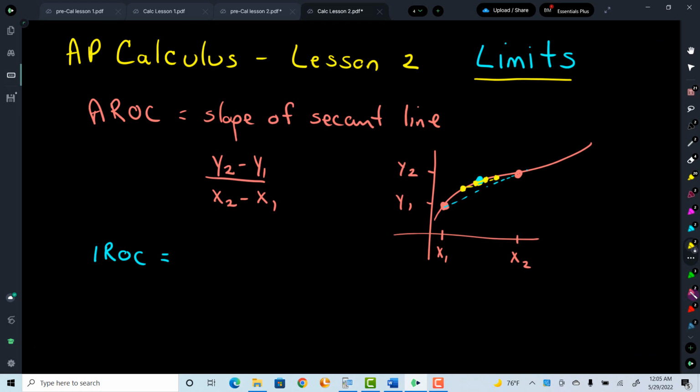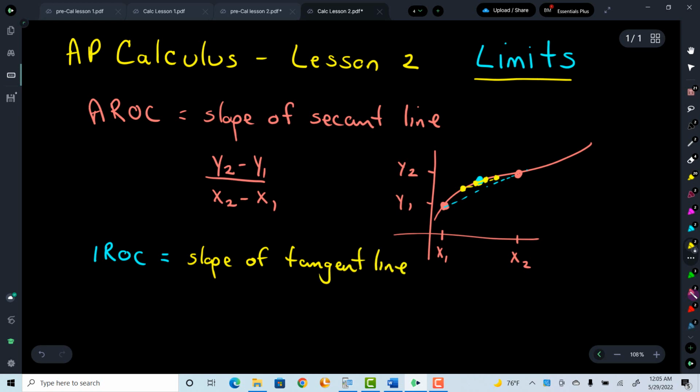So today we're going to actually talk about what a limit is. Oh, I'm sorry, I didn't finish this. Instantaneous rate of change is the slope of your tangent line. Let me just finish that thought there. So as we get closer and closer to this actual point, right, we take our 2 points and we keep moving our 2 points so that they get closer, right?